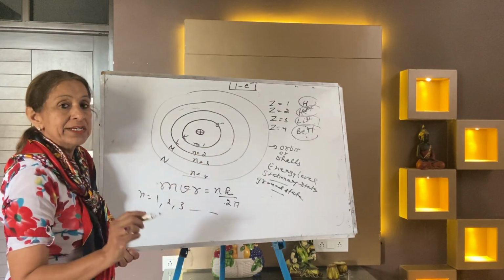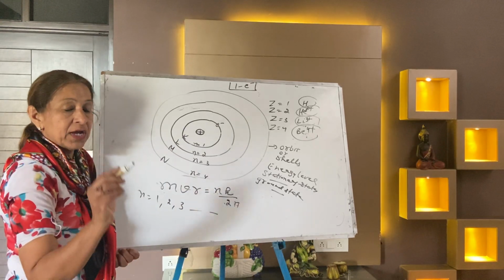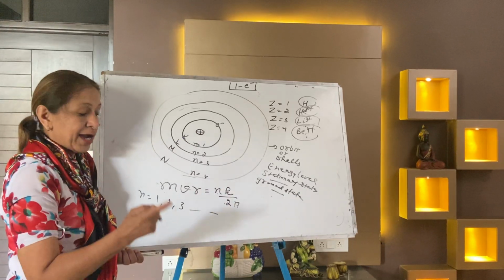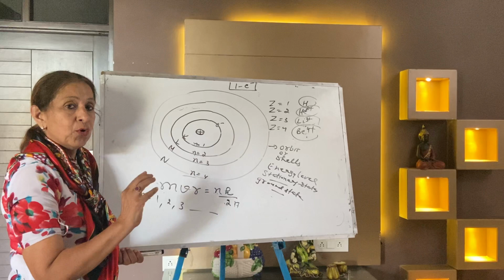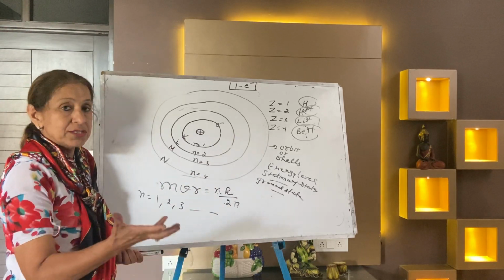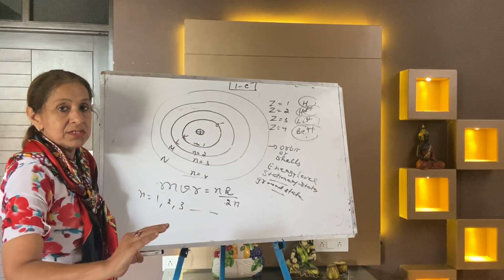That means the energy and the angular momentum of the electron are both quantized. Quantized means fixed. As long as the electron is present in the orbit, energy is fixed.